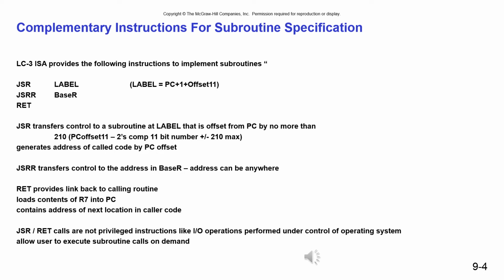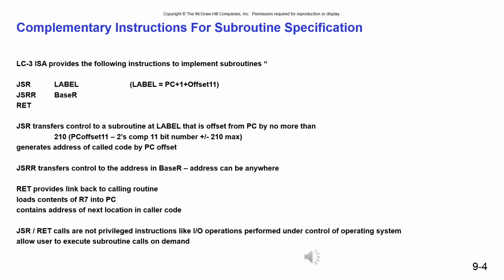We also have JSRR, which requires the use of a base register to hold the address of the first instruction of the subroutine. As you would imagine, that requires us to use a base register, but it has no leash. There is no limit to how far the subroutine code can be from the JSR, the jump to subroutine command.